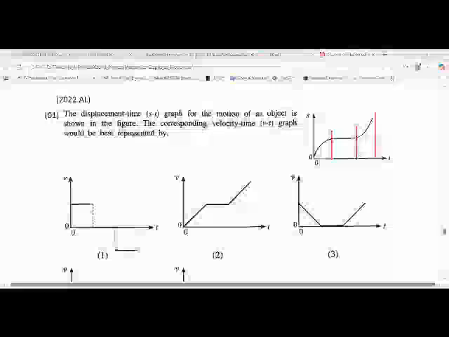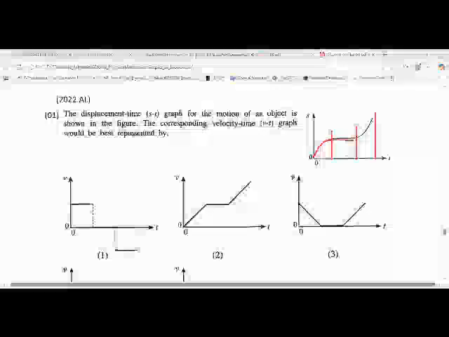Then you can see the first period, it is deceleration. The inclination is decreasing, the gradient is decreasing, it is deceleration. Also it is moving away, not coming back. Then this time period represents a horizontal line, representing rest, it is stop time.